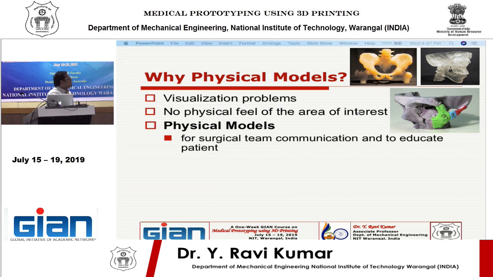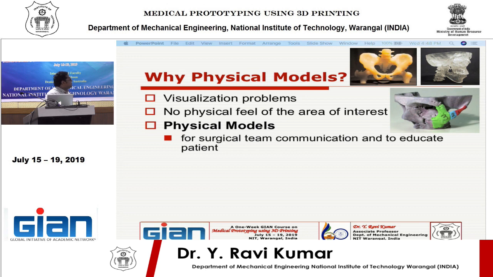So once you have different people, see how beautifully you can communicate, right? Whether it is a team of surgeons or patient counseling or anything, see how beautifully you can communicate among the team, across the different surgeons.